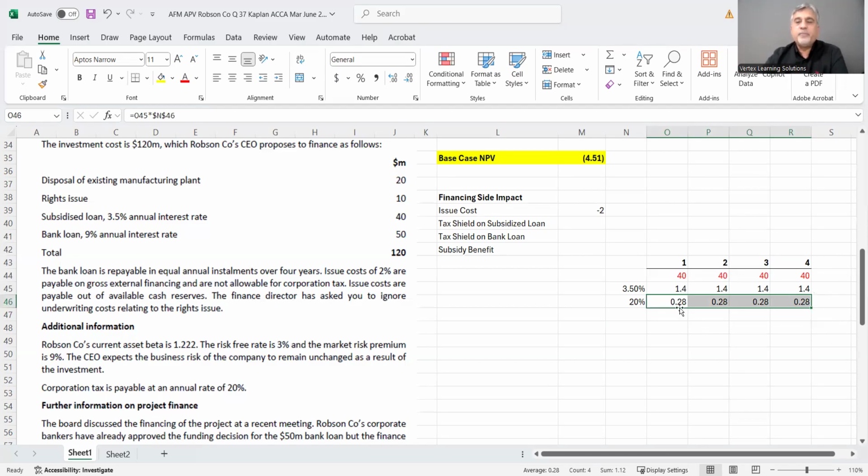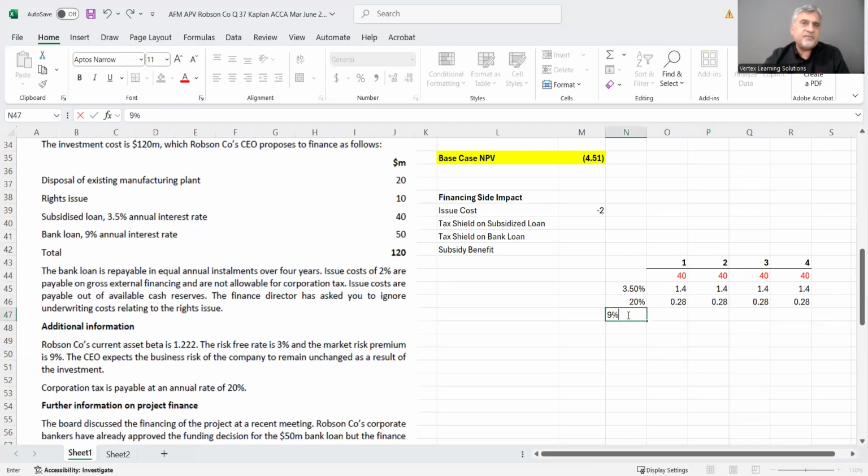And then you have to discount it down. We said that we will discount it at 9%, which is the cost of debt. So I use the discount factors: 1 divided by 1 plus this 9%, and I'll take this power 1.